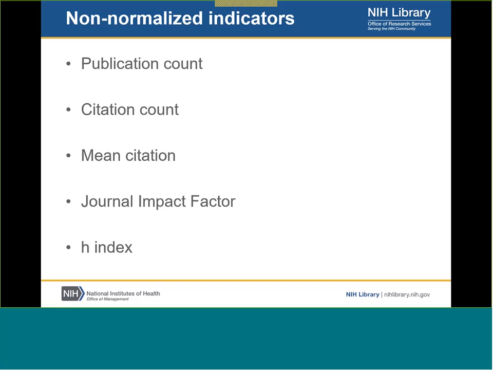Publication count, we just count how many publications one specific researcher or office or lab produced. Citation count, again, we just do the counting. Mean citation is basically the citation count over the publication count. But again, as I mentioned, there can be a lot of problems when you want to do the comparison. Okay, there's the journal impact factor.